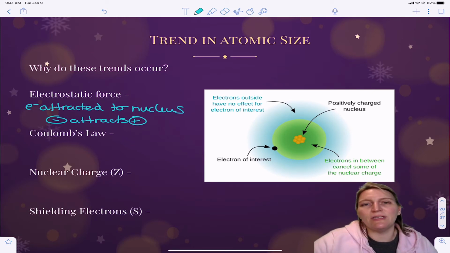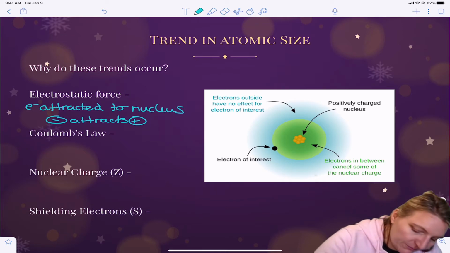But then we also need to think about Coulomb's law, which said what makes that attraction stronger or weaker, right? Coulomb's law said if there's a greater charge, there will be a greater force of attraction, and if there's a greater distance between those particles, there will be a smaller force of attraction.